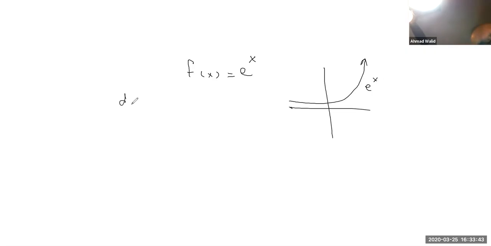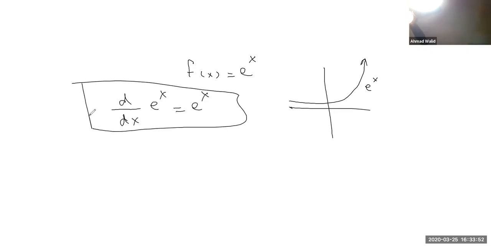We remember f of x equals e to the power of x as a power function, right? We know the number e and we know the graph of e to the x is something like this, correct? This is the graph of e to the x. Now, what is the first derivative of e to the power of x? d over dx of e to the power of x is always e to the power of x.